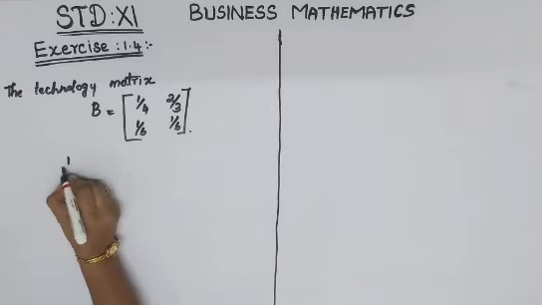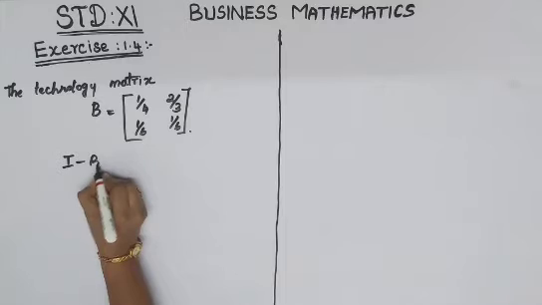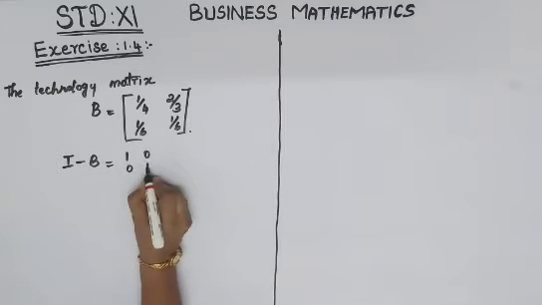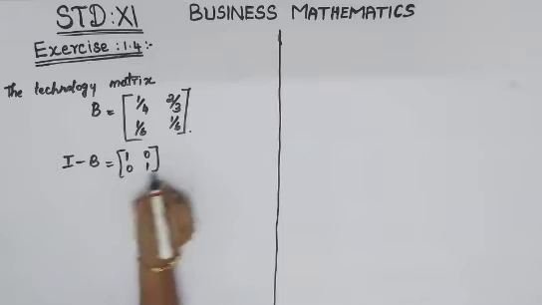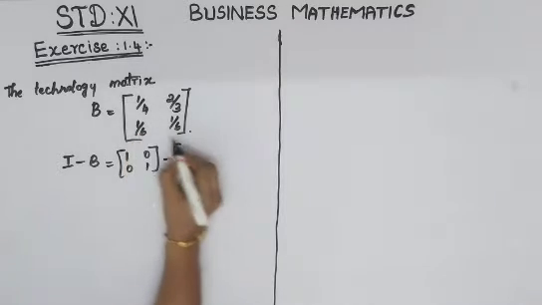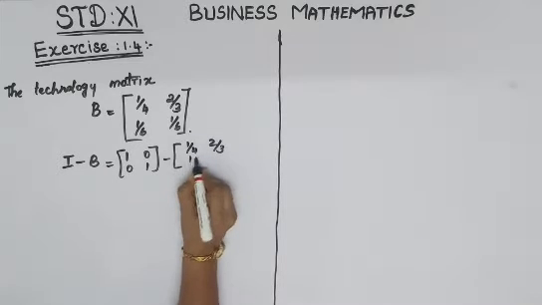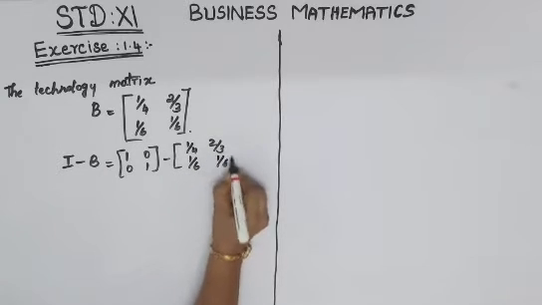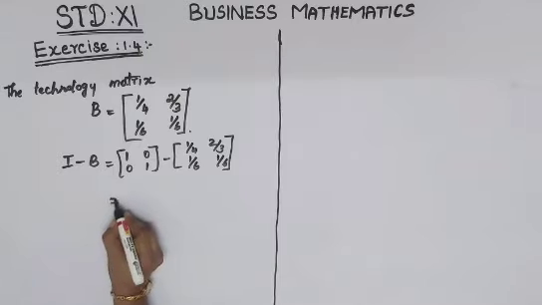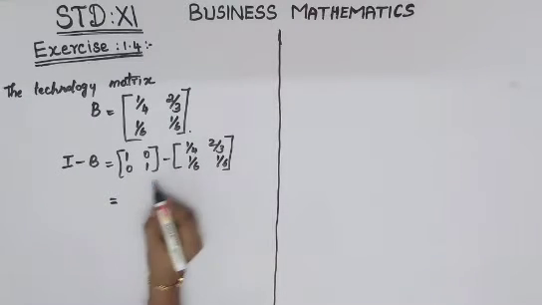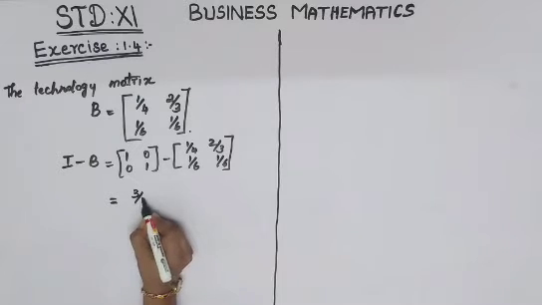Then you will have to find I minus B. I is nothing but your unit matrix: 1, 0, 0, 1, minus your B matrix, what you have written here: 1 by 4, 2 by 3, 1 by 6, again 1 by 6. So equal to 1 minus 1 by 4, find the LCM, you will get 3 by 4.